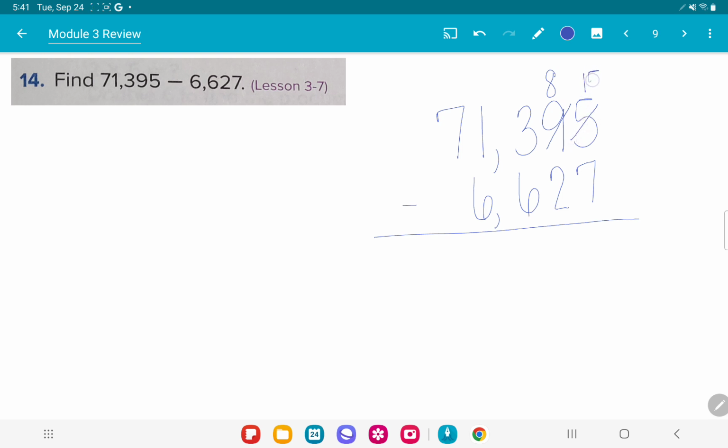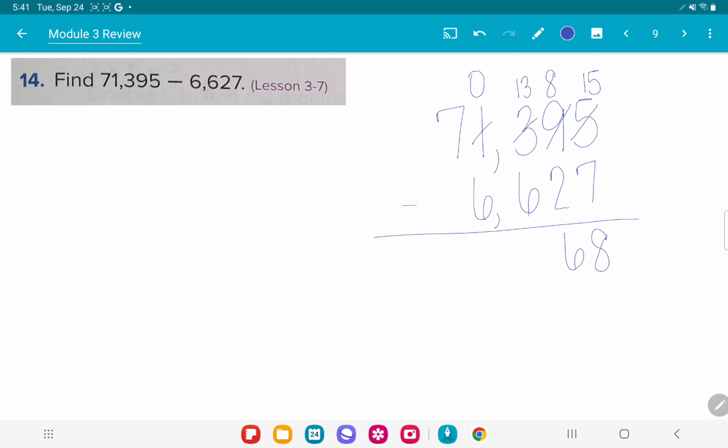Now I have 15 ones. 15 minus 7 is 8. 8 minus 2 is 6. 3 minus 6. I don't have enough hundreds, so I'm going to have to regroup one of my thousands. That leaves me with no thousands.